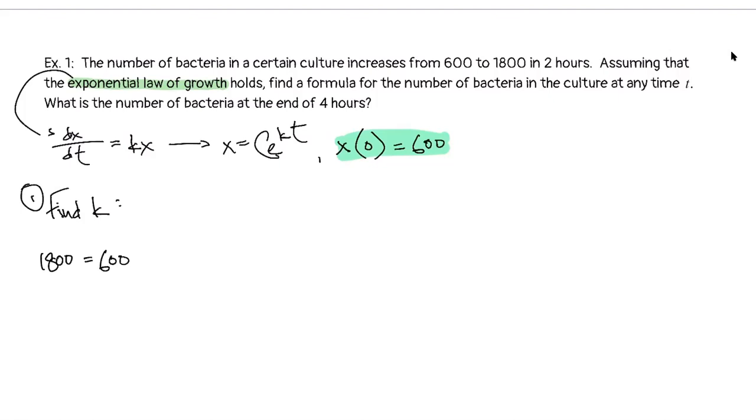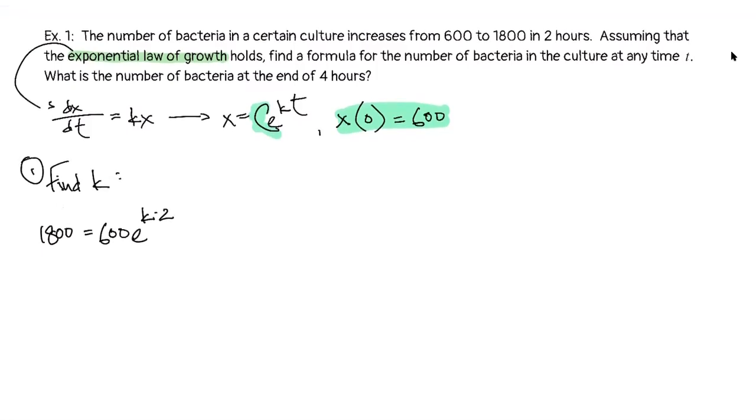That's our C. If you have a starting value, that is your C value. I keep the e, I keep the k, but t I change to 2. So I use that whole first sentence, the number of bacteria in a certain culture increases from 600 to 1800 in 2 hours. I use all of that information.